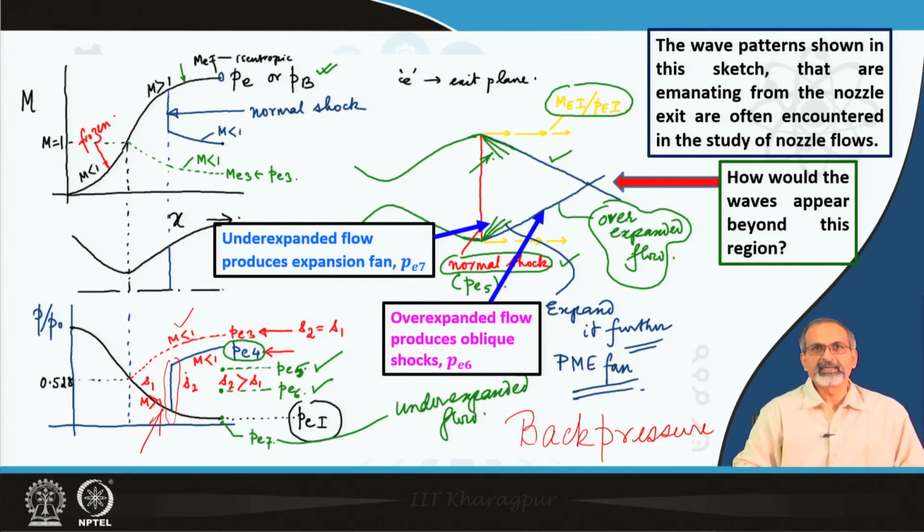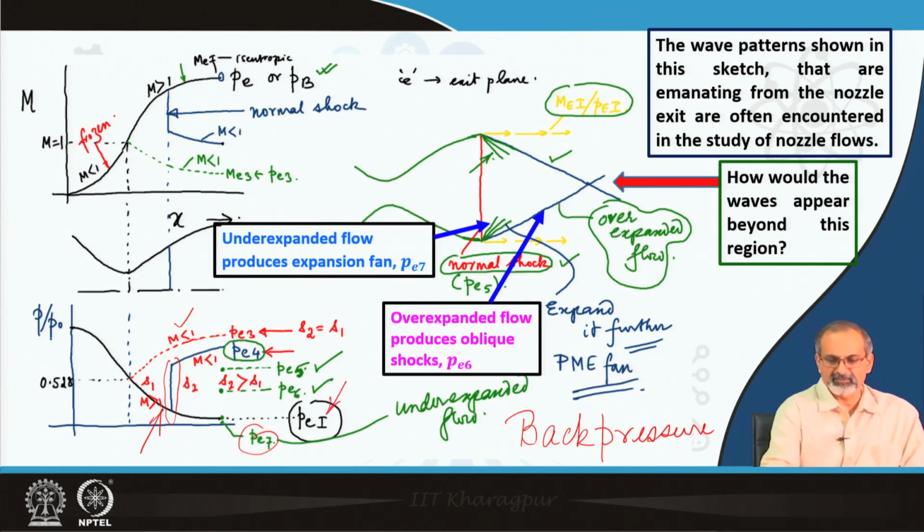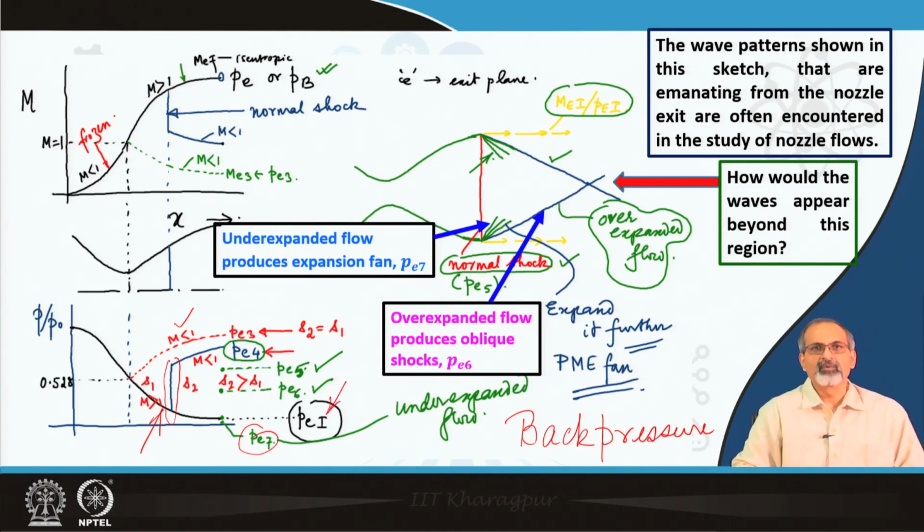We have tried to indicate here that you can have a situation where there could be underexpansion of the flow, which is produced by a pressure even lower than the perfect expansion, which is expressed by PE1, where the flow isentropically expands all through the length of the nozzle and exits exactly with the same pressure as that of the back pressure.